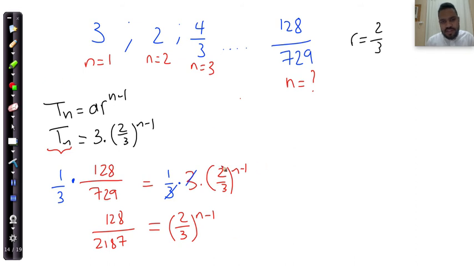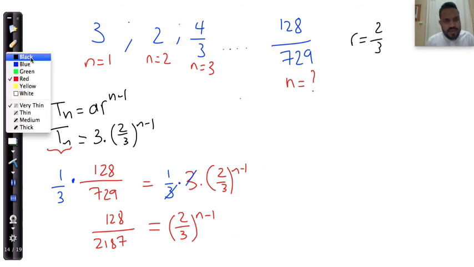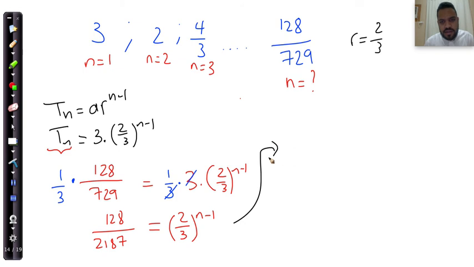Well, let's continue further on this side. Switch colors here briefly. You've got to express this in terms of a power of 2, right? We want to get the bases the same, and we want to express the denominator as a power of 3. So let's express the top: 2 to the power of 7 is equal to 128, and just for interest's sake, 3 to the power of 7 is equal to 2,187.